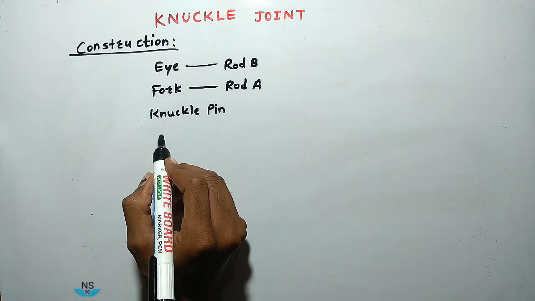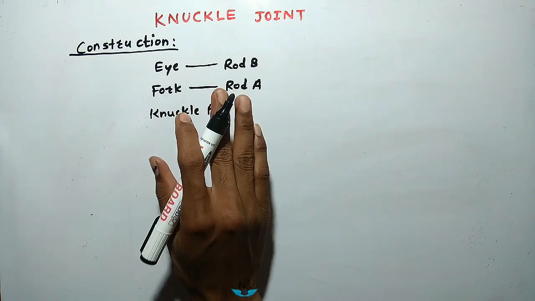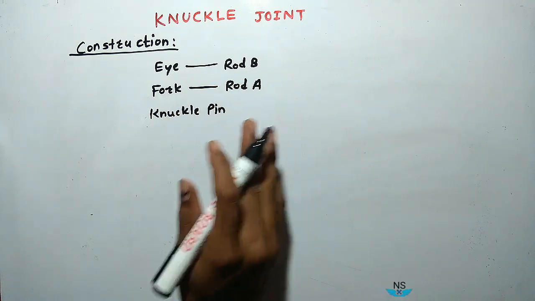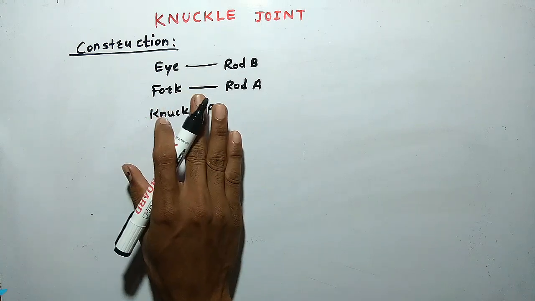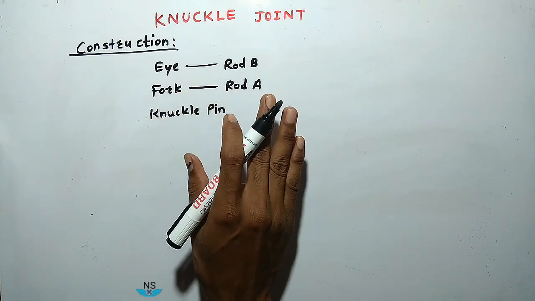An eye is formed at the end of rod B, while a fork is formed at the end of rod A.